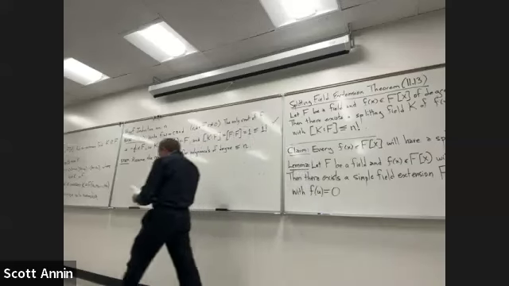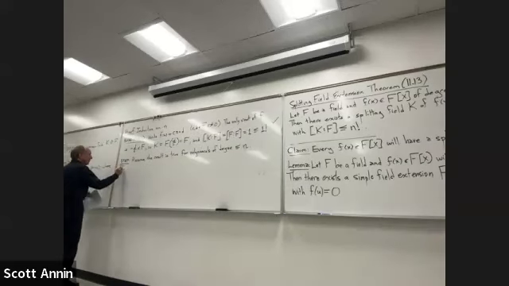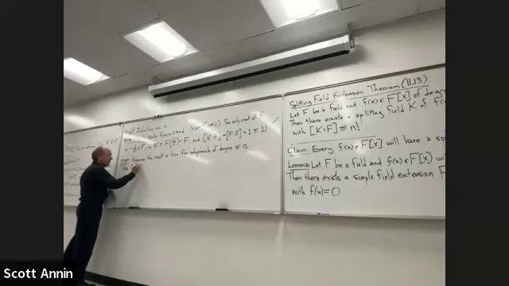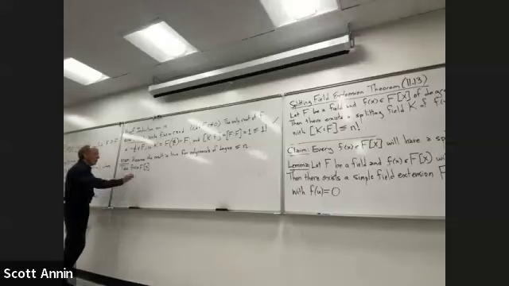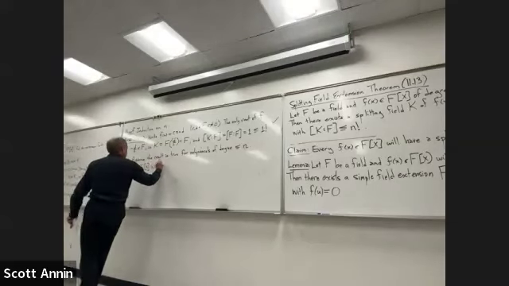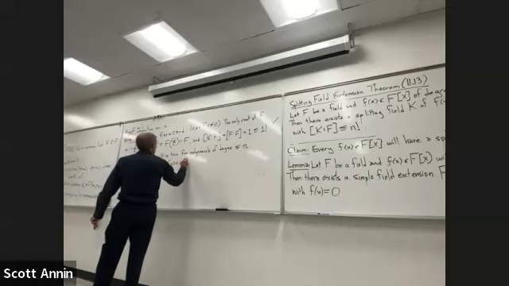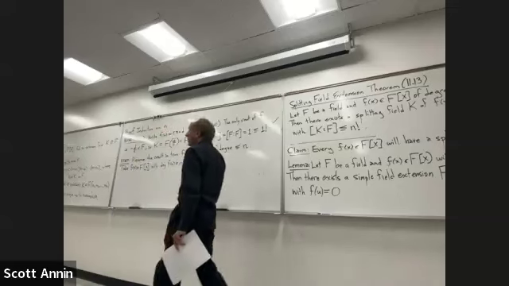And then I'm going to take a new polynomial, little f of x again, that has degree n plus 1. So the degree of f of x is going to be n plus 1 now.